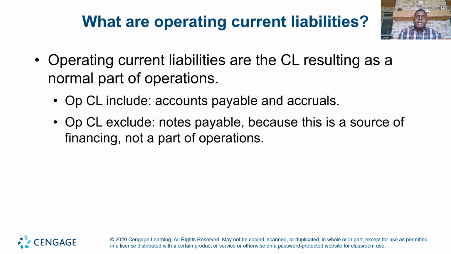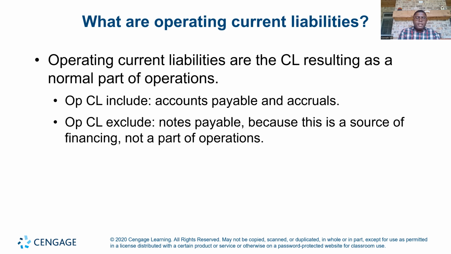We can say a similar thing about operating current liabilities. They are current liabilities resulting as a normal part of operation. So they include accounts payable and accruals and exclude line items like notes payable because this is a source of financing, not a part of operation.